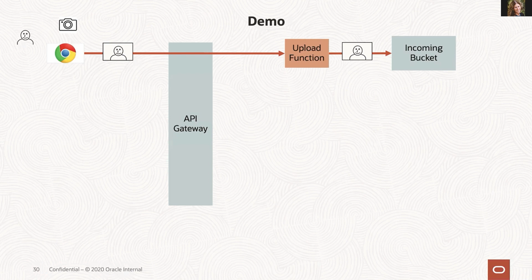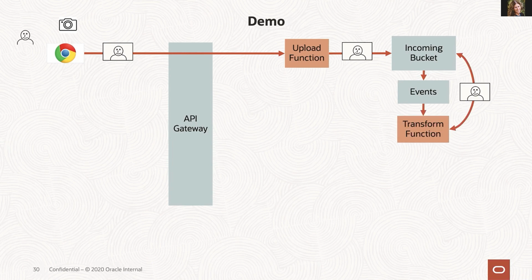Once it's in that bucket, an event will be emitted. So the event will trigger a function that will take that image from the bucket and perform some simple face recognition using OpenCV. And we're going to draw on that image, modify that image based on the data from the face recognition.